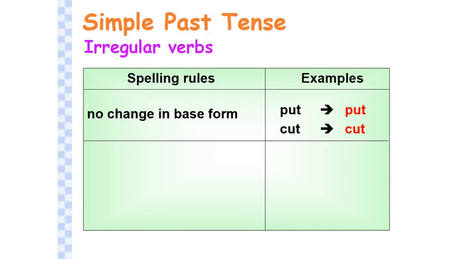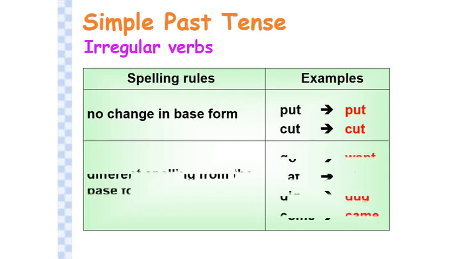When there is no change in the base form to make a second form, there are certain words like put, cut. Put is not going to have any change in the spelling while using it as the second form. Same is the case with cut. We are not going to change any spelling of cut to change it into the second form.